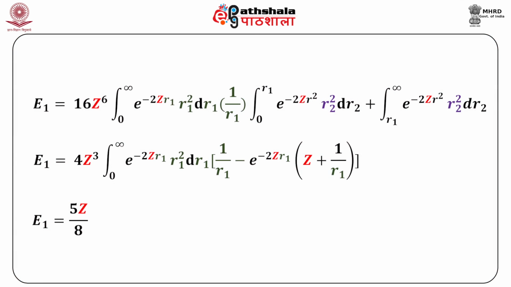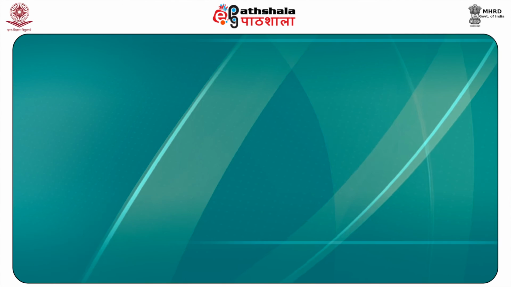We have also shown here how that integral is solved. You can see here the detailed methodology for solving this integral, which ultimately gives the energy to be equal to 5 by 8 Z. That was the first order correction to the energy. Those details are given here.